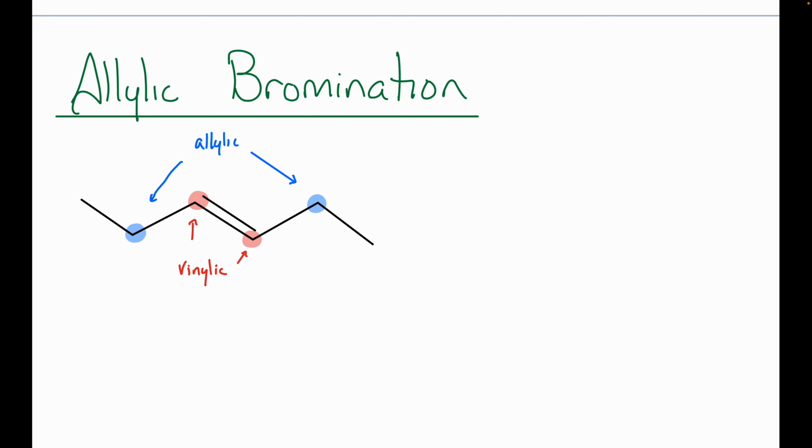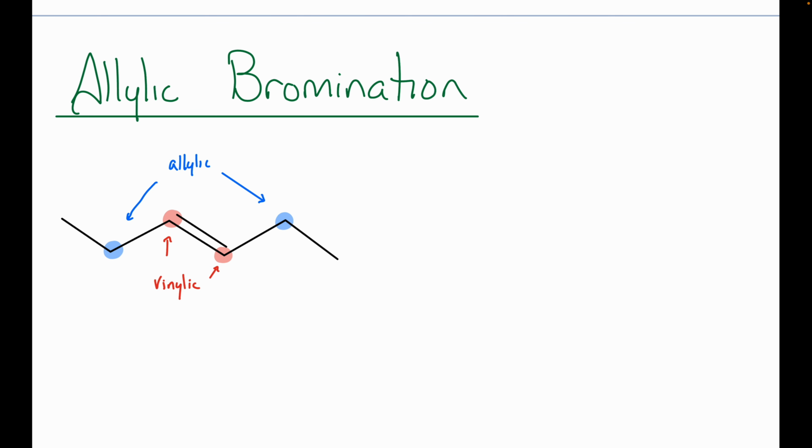All right, and in allylic bromination, what we're going to do is take an alkene and brominate that allylic position. So what we're going to see is these reactions don't mess with that carbon-carbon double bond at all.